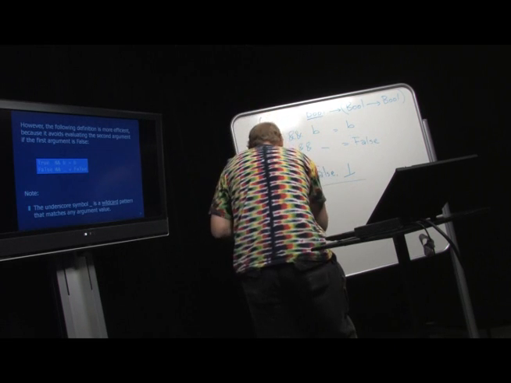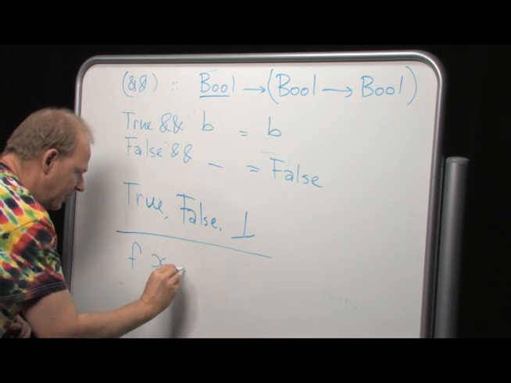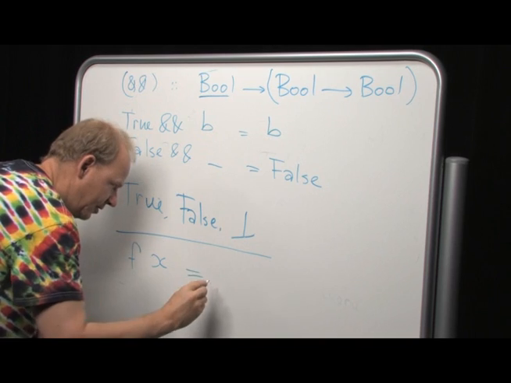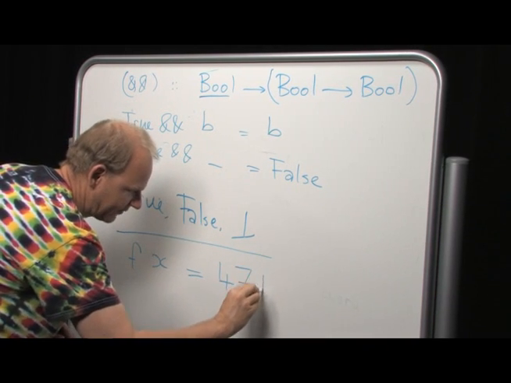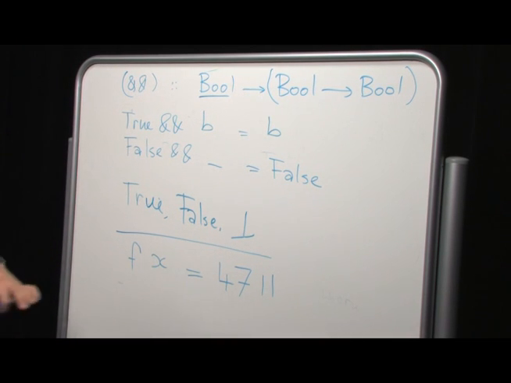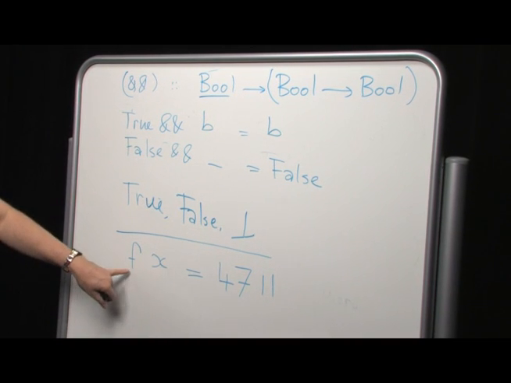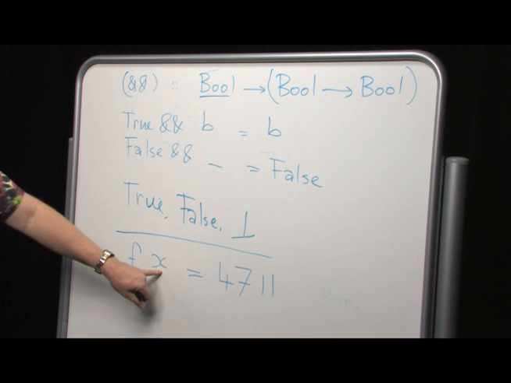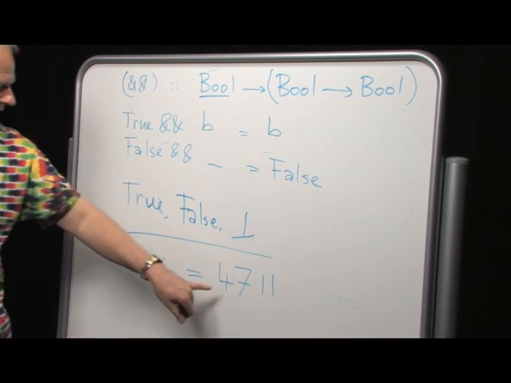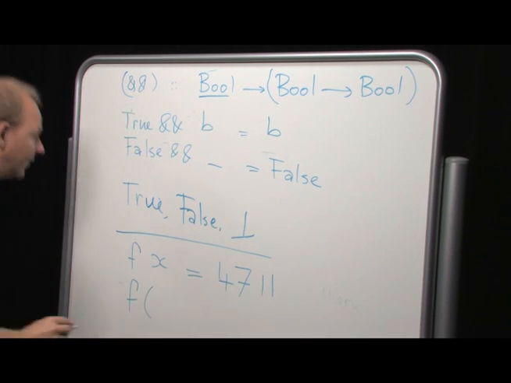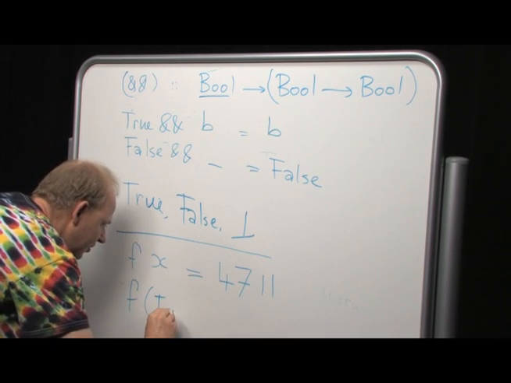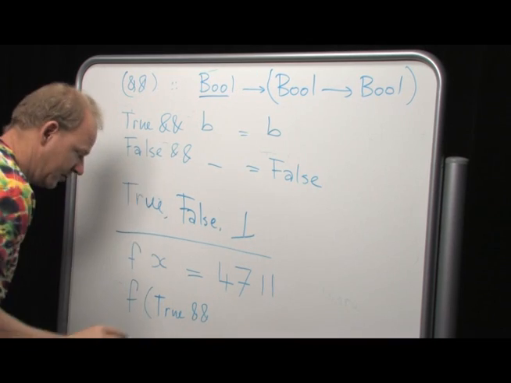Let's define a function f of x equals 4, 7, 11. That's my favorite integer. So I define a function f, takes an argument x, ignores it, and just returns 4, 7, 11.